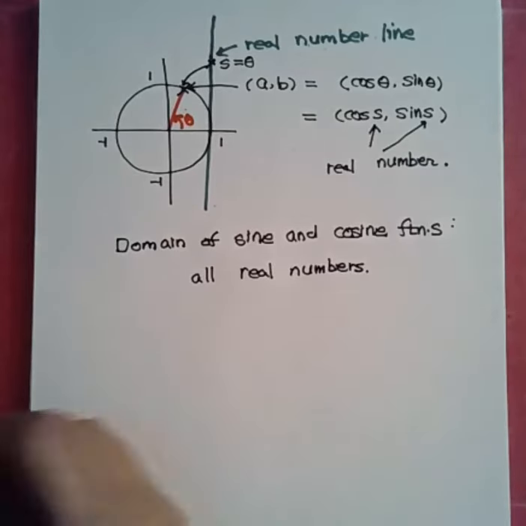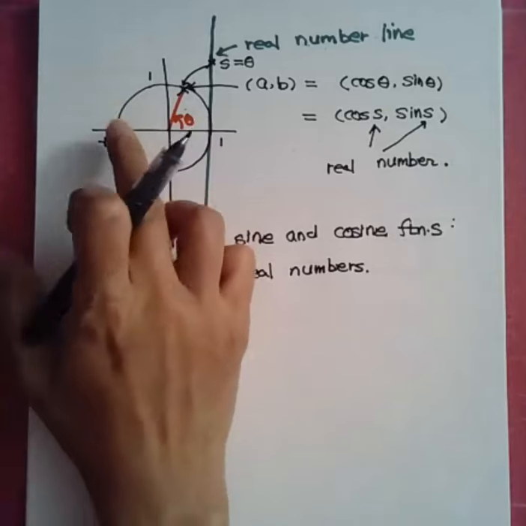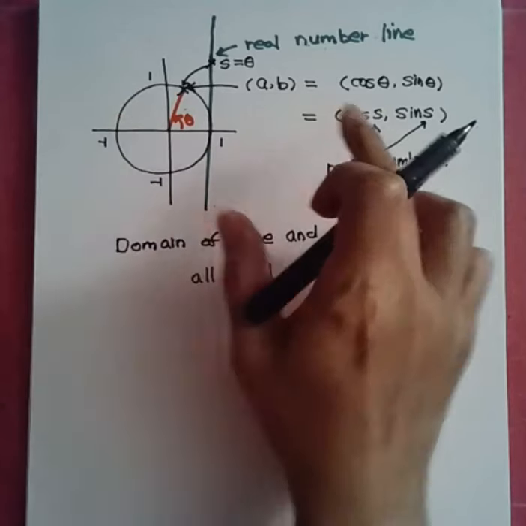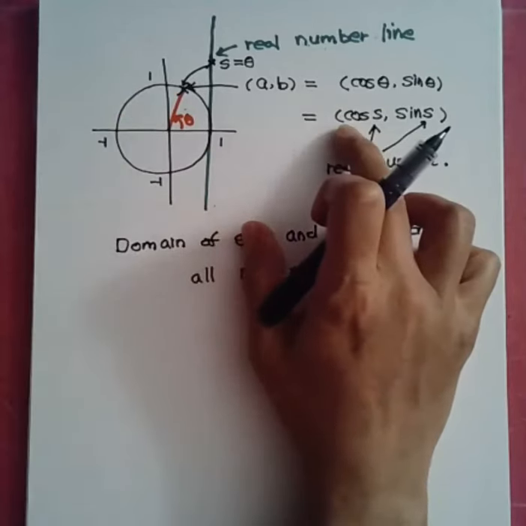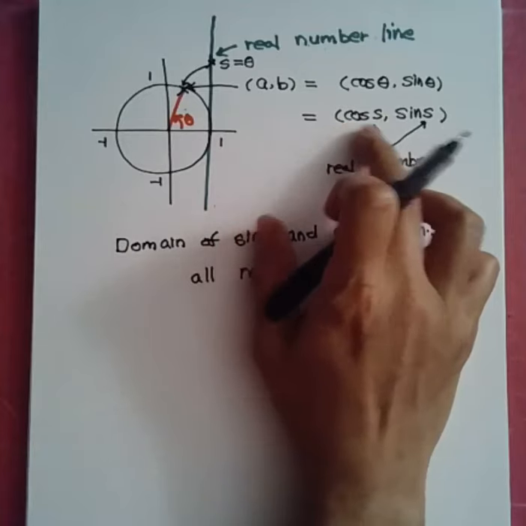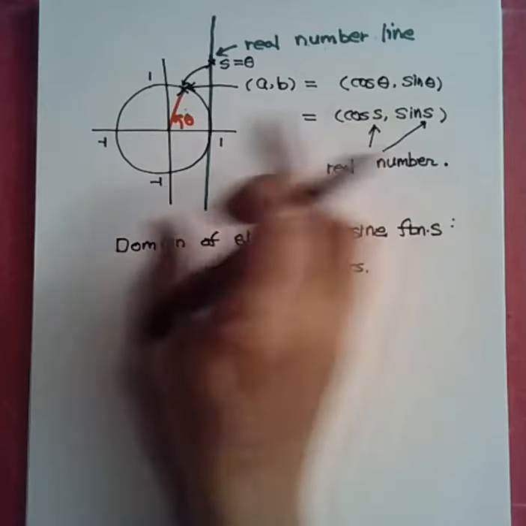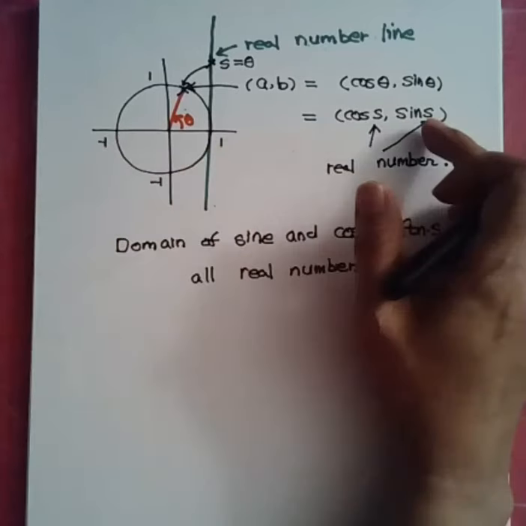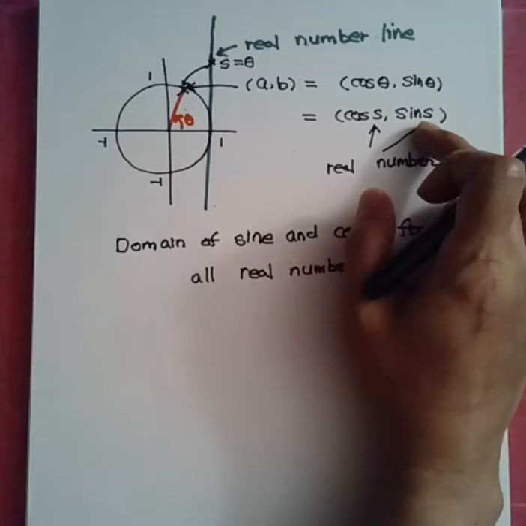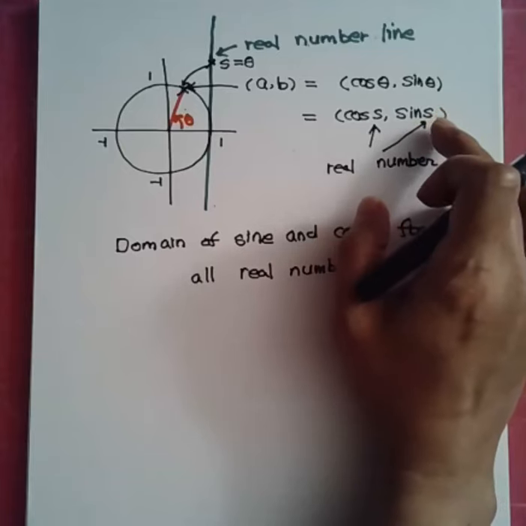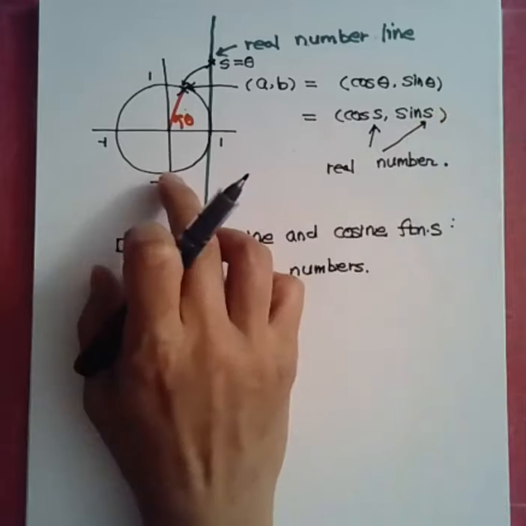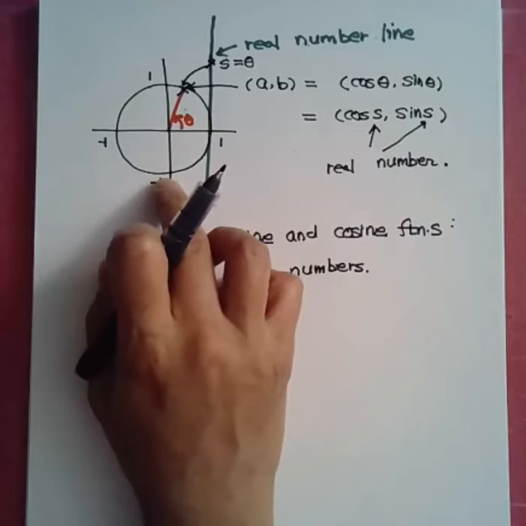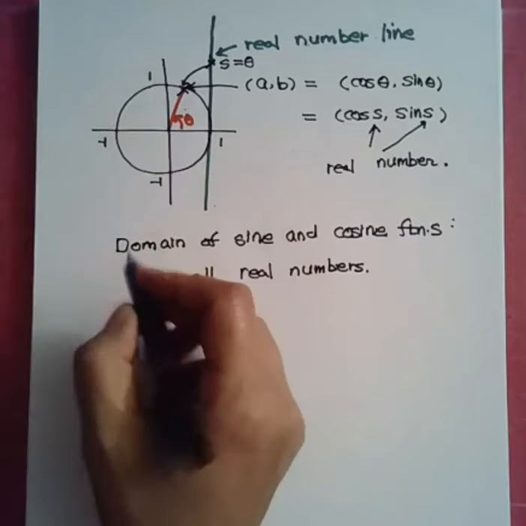When we consider the sine and cosine value, cosine value, which is defined as the x value on the circle, is bounded by -1 and 1, and sine value, which is defined by the y value, is bounded by -1 and 1.